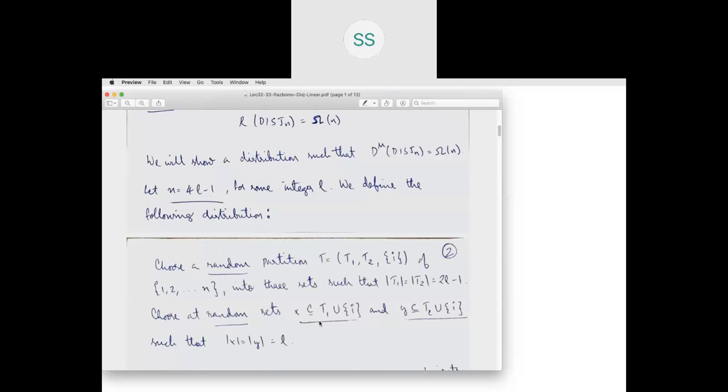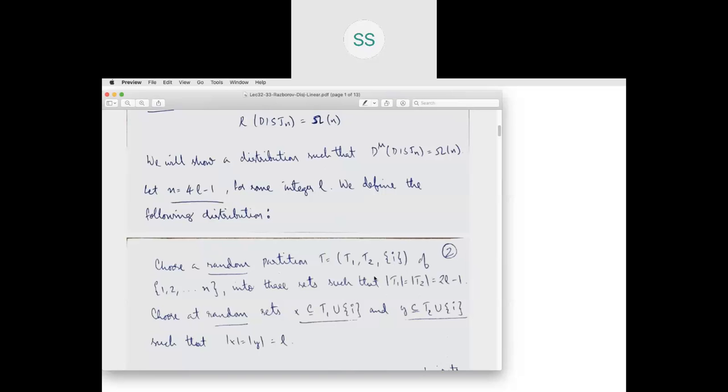The way we cast it here is that we choose a random partition of two sets T1 and T2 of size 2L minus 1 and one singleton element I, and Alice's input X is an L element subset of T1 union I, and Bob's input Y is an L element subset of T2 union I. So they intersect in the element I, or they don't.